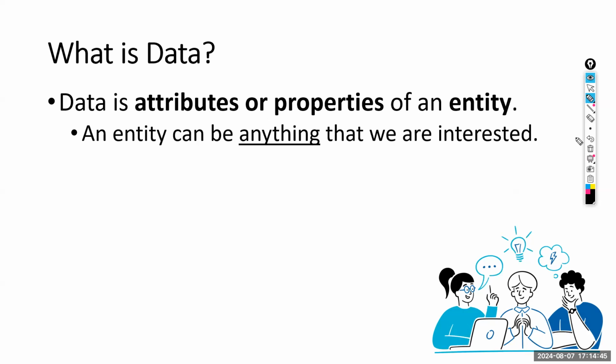That something can be a student, teacher, employee, goods in a supermarket, a vehicle, or maybe a bank account. Anything that we are interested in, in ICT we call it an entity. But you know that it's a very vague word, right? Anything.